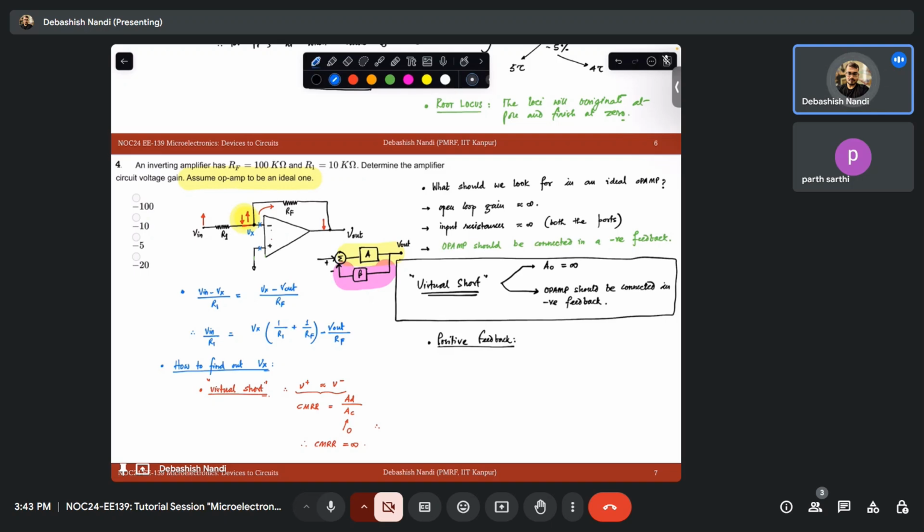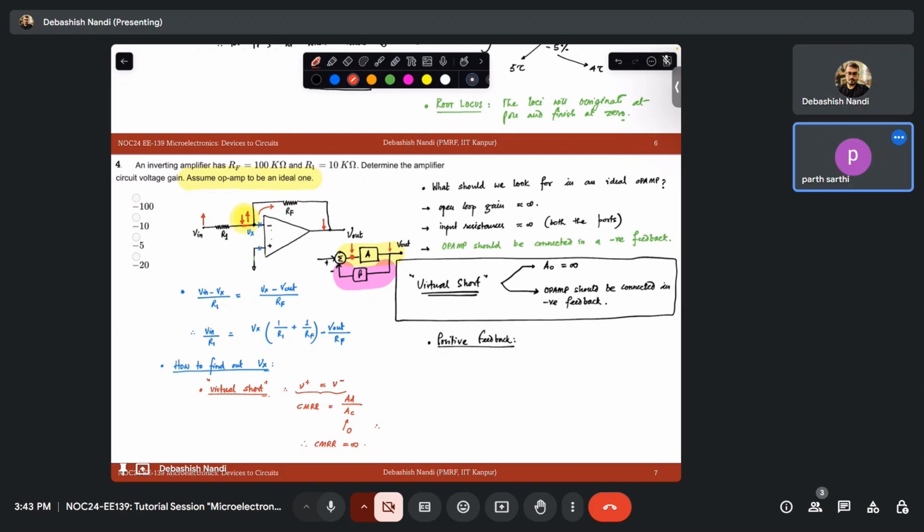Where are you checking the error of the signal? You are checking it at this point. So if your error is more, you will pull this down, so automatically this error will drop. Are you able to visualize that?